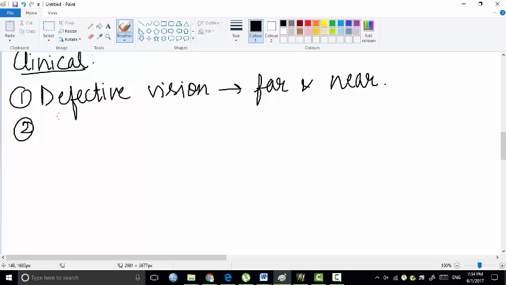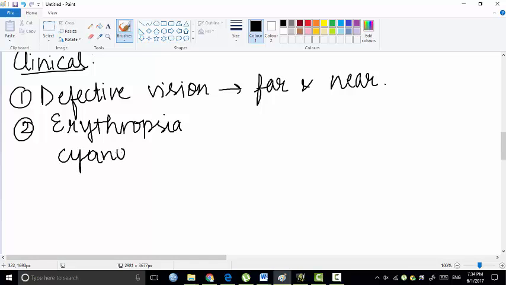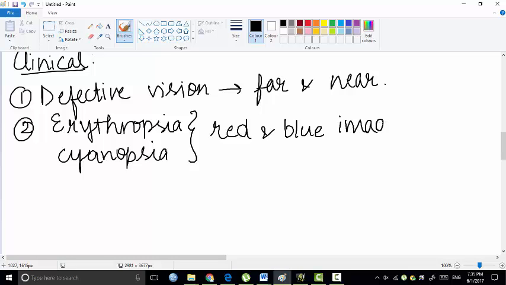The second thing is erythropsia and cyanopsia. What does this mean? This means that a person would be able to see red and blue images. Red is erythropsia and cyanopsia is blue images. Why?